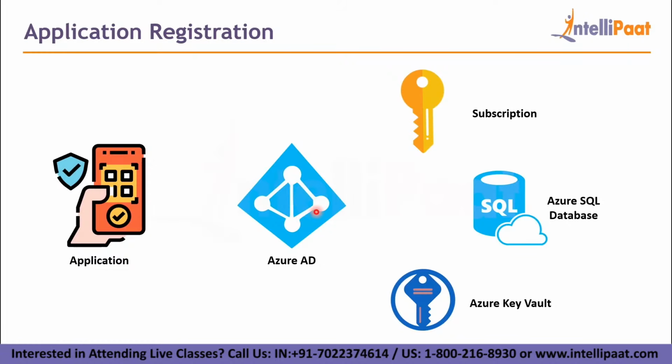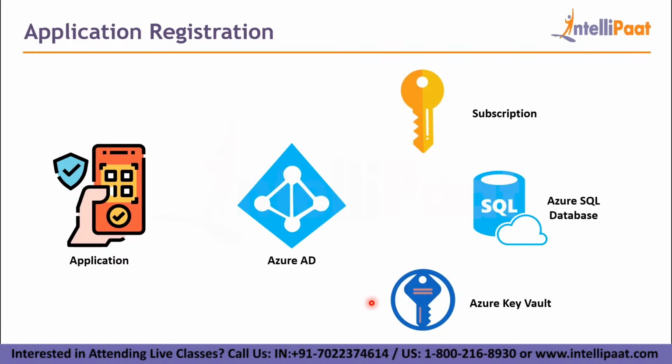In this case, you don't need Azure Active Directory or anything else. Or you can store the credentials in Azure Key Vault, and the application accesses the Key Vault, which in turn logs in and gives access, and you can get information from Azure SQL database again.